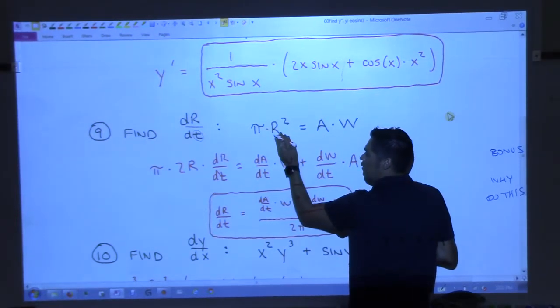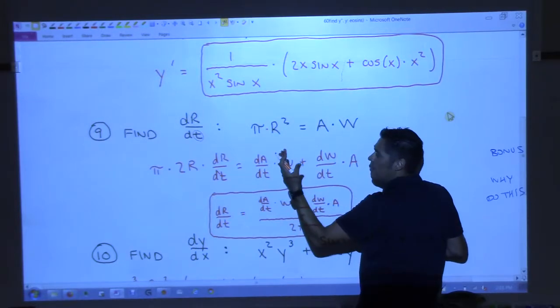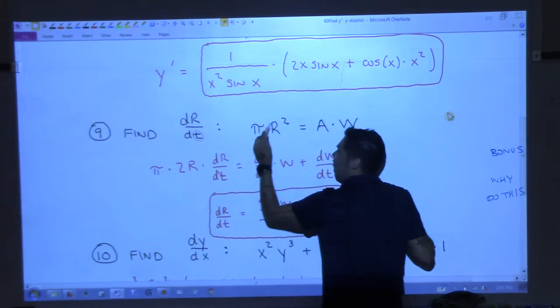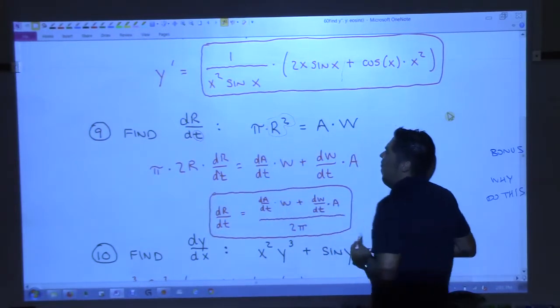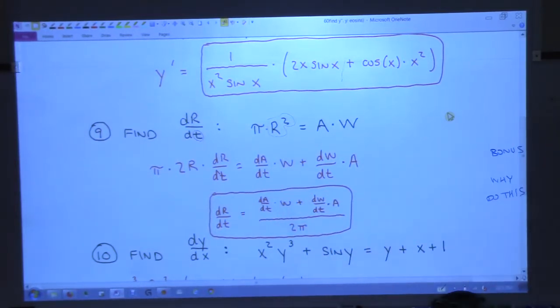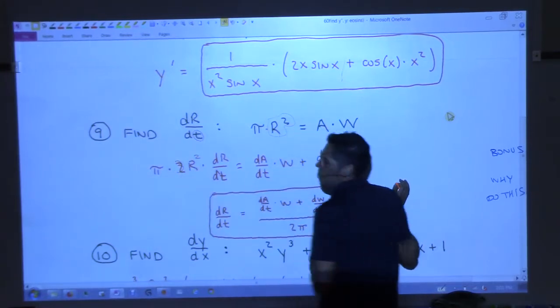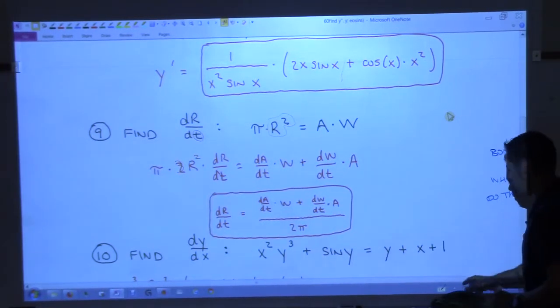We're saying the r depends on t. So the derivative of this, the pi comes along for the ride. Then we do a little power rule on that. What's the derivative of r squared? That looks like r cubed almost, doesn't it? Yeah. If you use cubed, it's okay. If you use cubed, then this would be 3 and this would be r squared, okay? It does kind of look cubed.